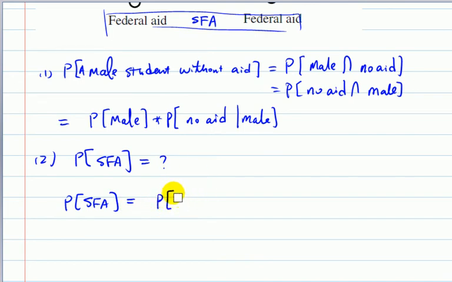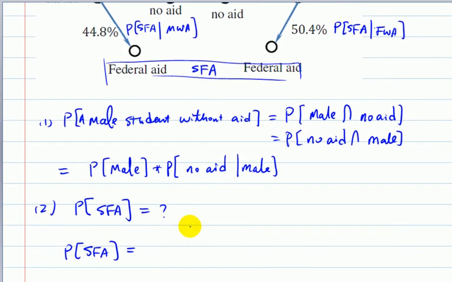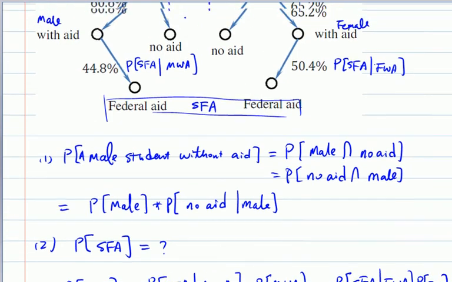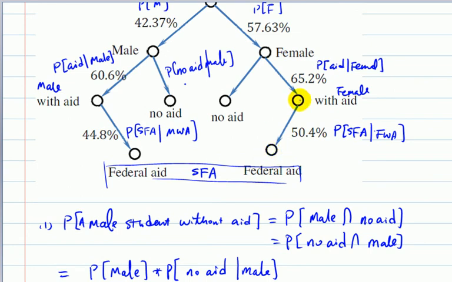Total probability. The probability of a male student getting aid, multiplied by the probability of a male student, and similarly for the female student: the probability of aid given female, multiplied by the probability of female. So that's the total probability with 1 level up to here.